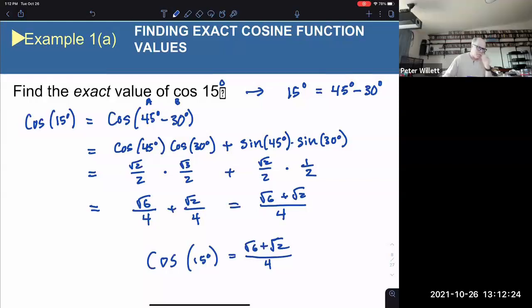So yeah, 15 degrees in radians is pi over 12. And pi over 12 is equal to pi over 3. I'm sorry, pi over 4, 45 degrees, is pi over 4 minus pi over 6. Is that right? Pi over 6 is 30 degrees, I think, and pi over 4, and the common denominator is 12.